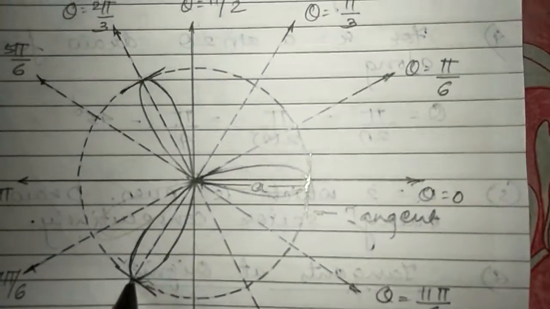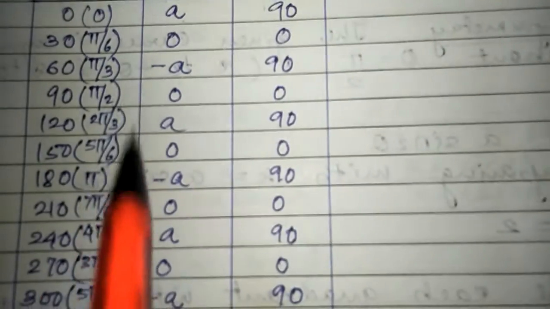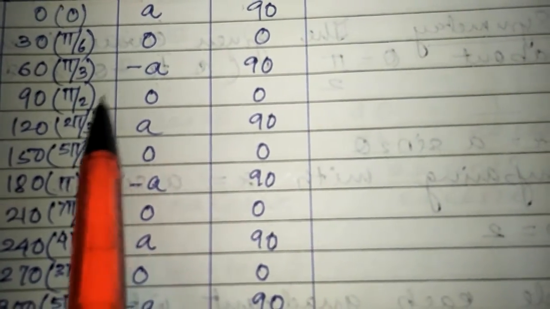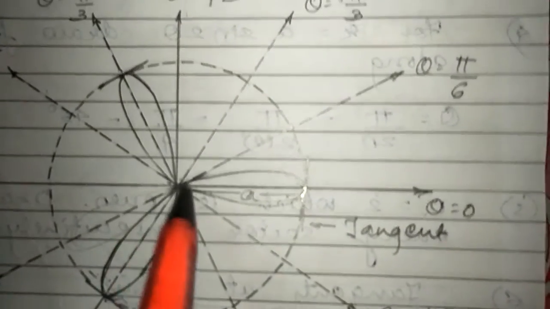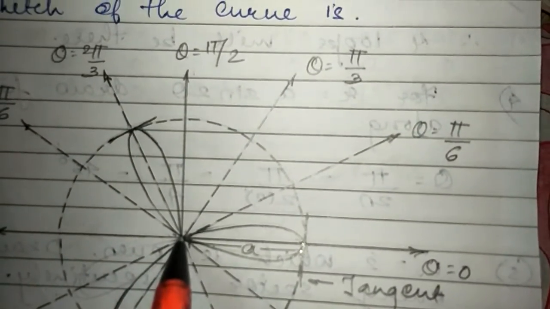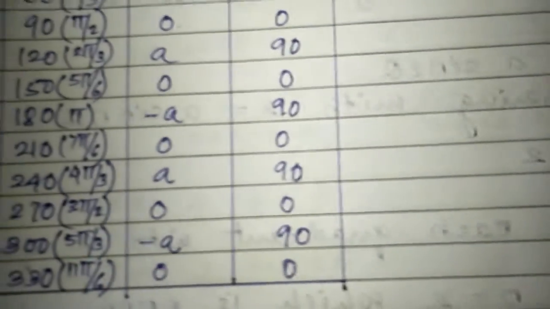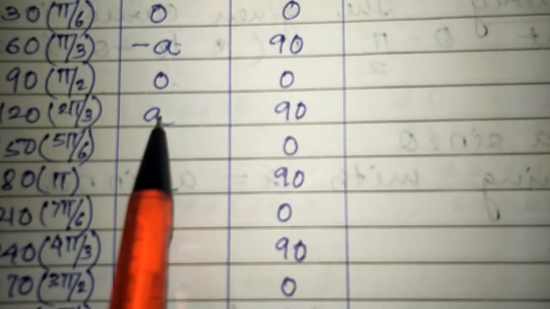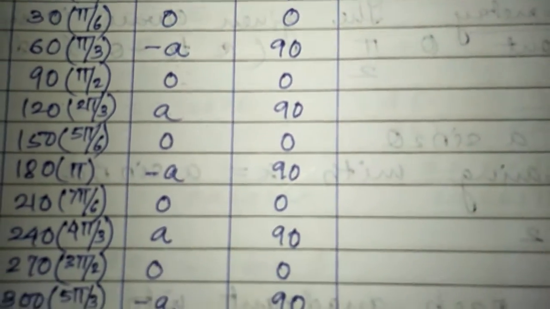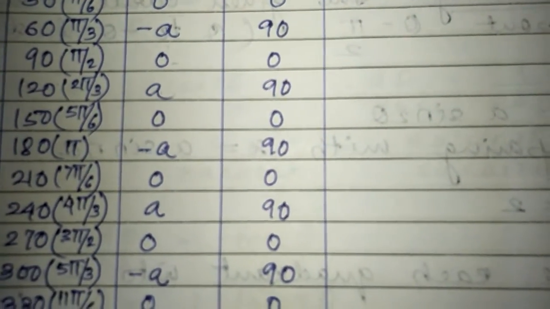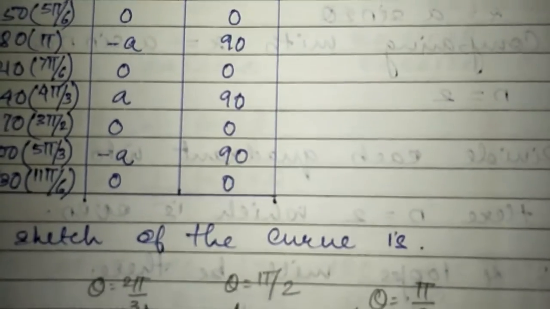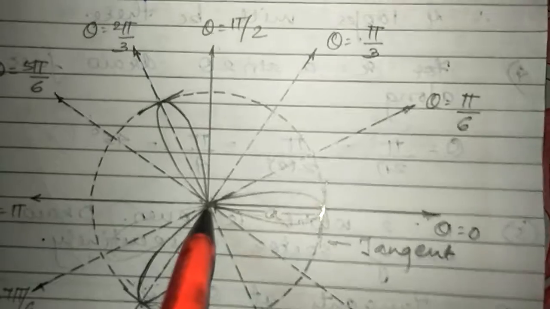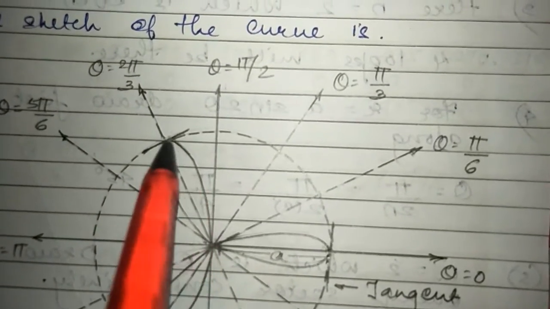Now next, for theta is equal to 90 degree, r is 0. So from here the curve will proceed like this up to this point. It will be 0. Then for 120 degree, it is again a. So for 120, that is 2 pi by 3, from this point it will proceed like this.